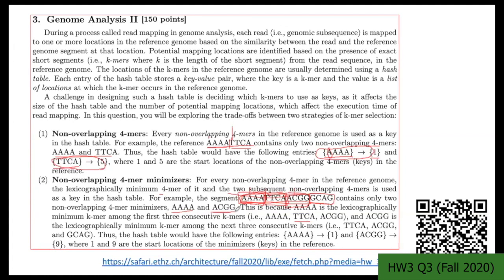Okay, I hope this is clear. The rest is what I exactly explained. This is exactly what we store in the hash table: the k-mer itself and the start location of each k-mer. Here it's 9 and here it's 1.